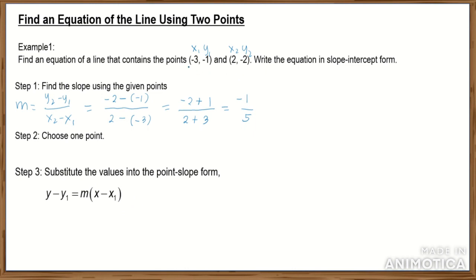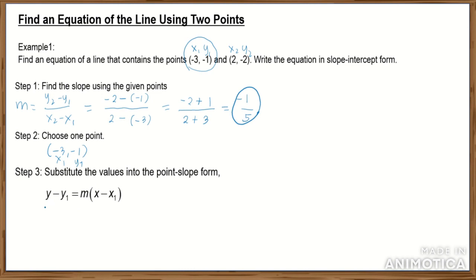Okay, next we are going to choose one of the points. Say we choose the first point with coordinates negative 3 and negative 1. Later I'll show you that if you make use of the second point, we will arrive at the same equation. Then we're going to make use of this negative 1/5 slope and the coordinates of the point, negative 3 and negative 1.